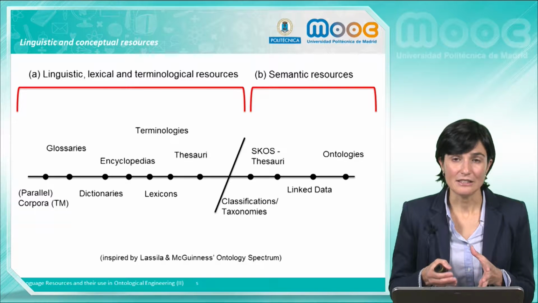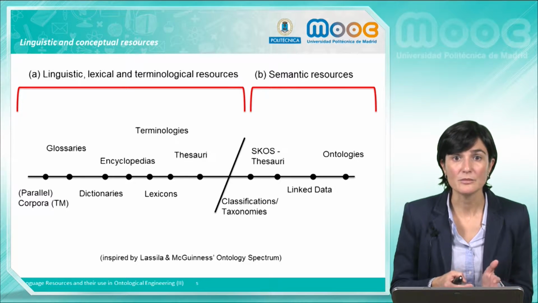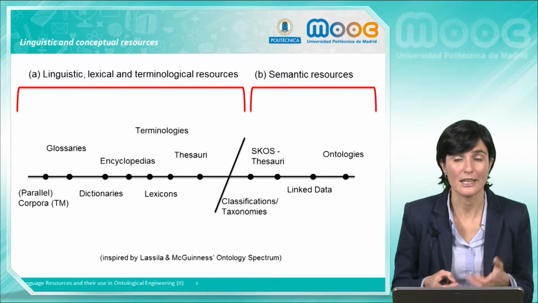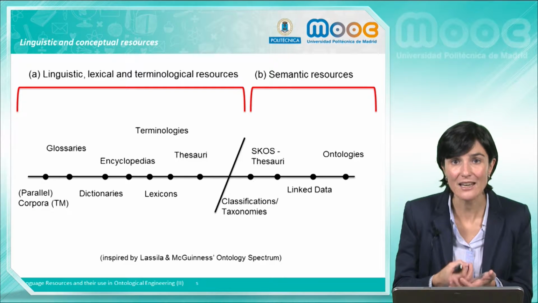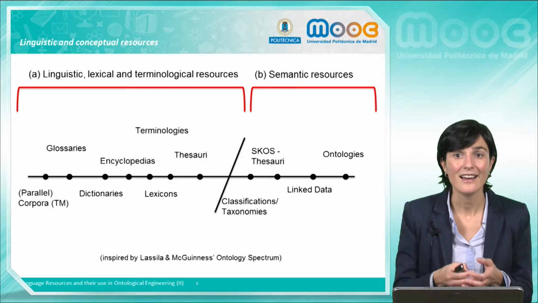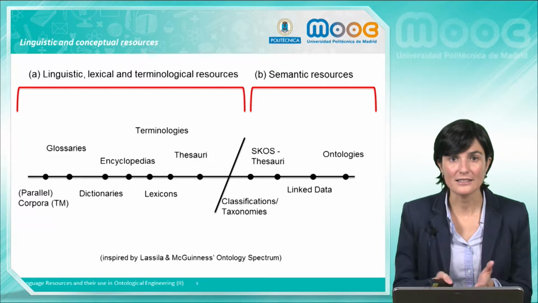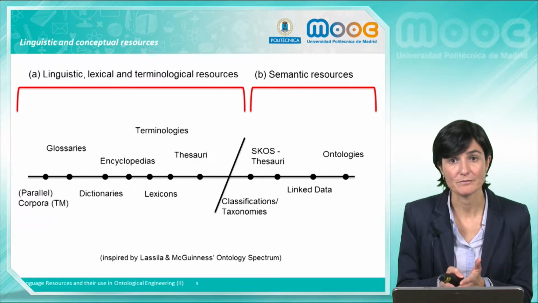So according to this classification, we have placed corpora at one end of the spectrum, since it consists of unstructured text. So a human would need to understand and extract the meaning from them manually, and ontologies at the other end of the spectrum as greatest exponents of semantically structured resources.